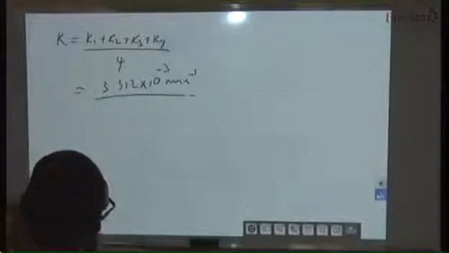Then the average of those various rate constants at various times will give you the overall rate constant for your reaction.